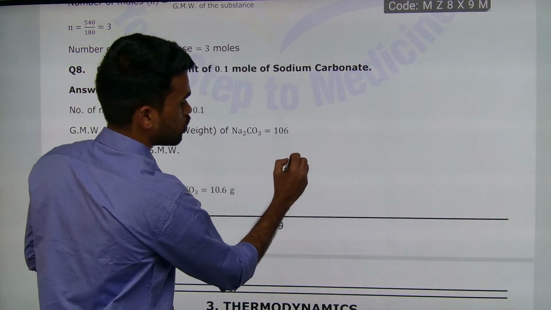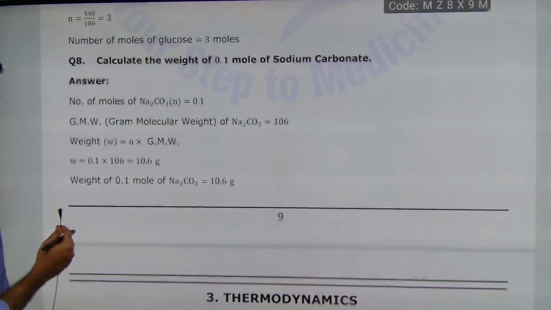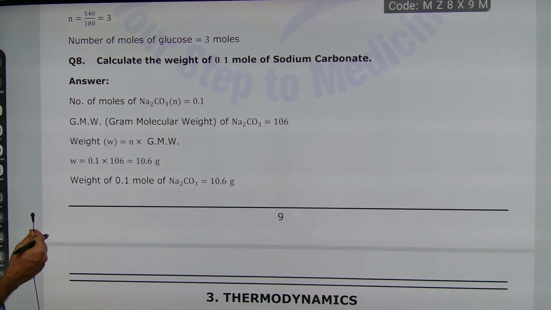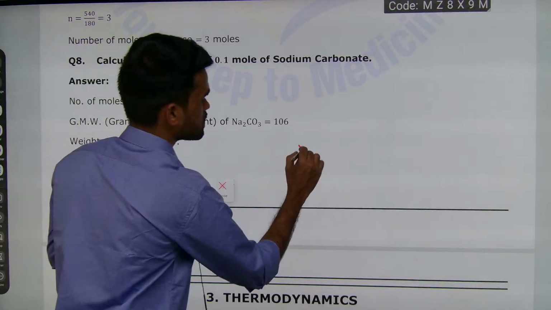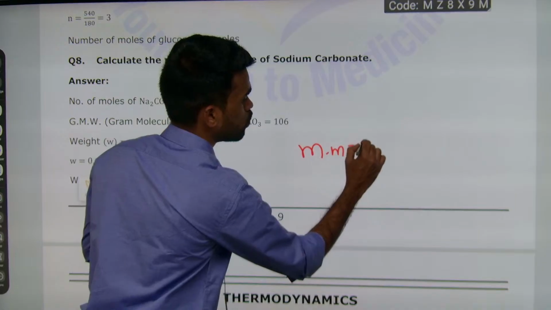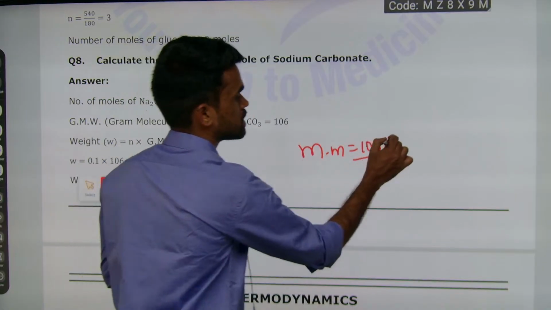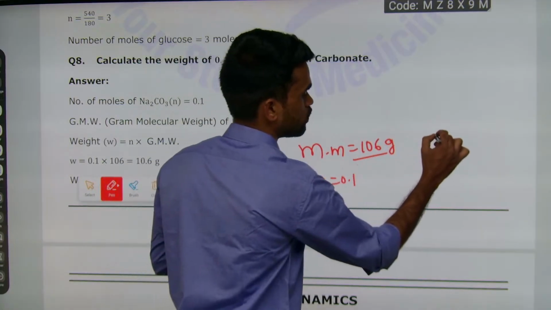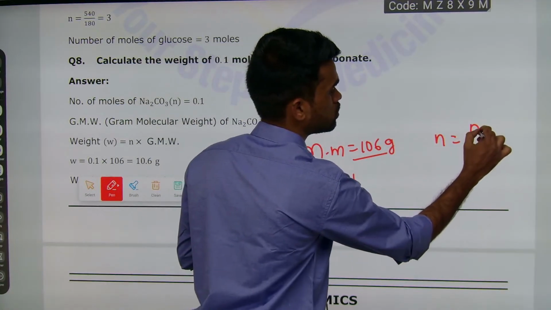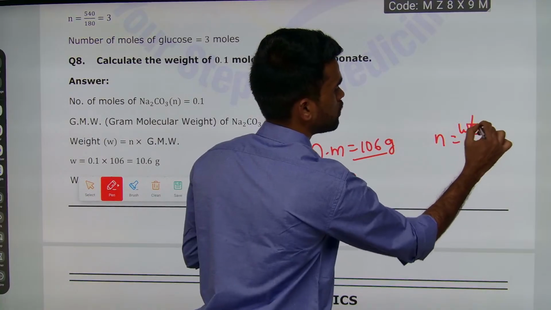So the molar mass of the substance is 106 gram per mole, and the number of moles is 0.1. Number of moles equals weight of the substance divided by its molar mass.